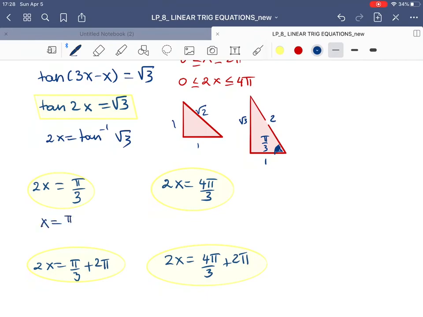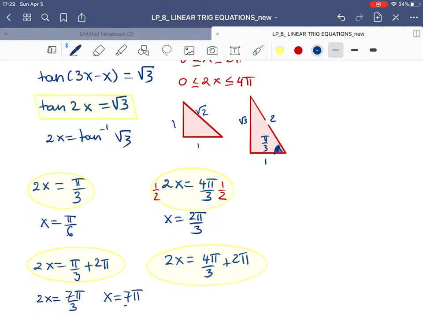Okay, so x equals pi over 6. x equals 2 pi over 3. Remember, what we do in here is multiply by half both sides. Now the next one will give pi over 3 plus 2 pi is 6 pi over 3 plus pi over 3, so 7 pi over 3.